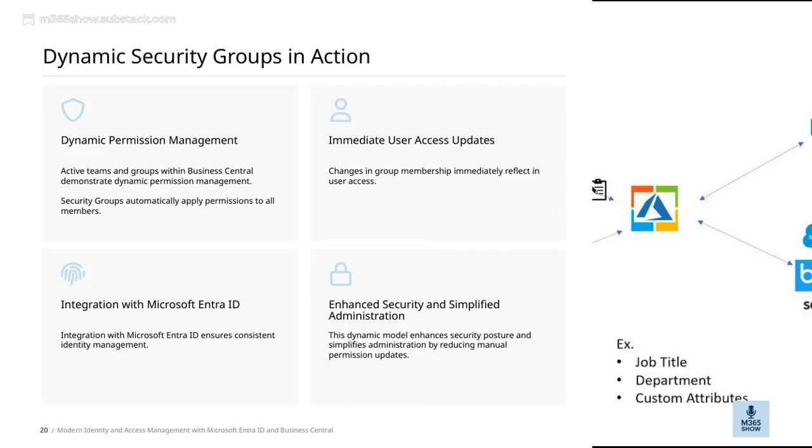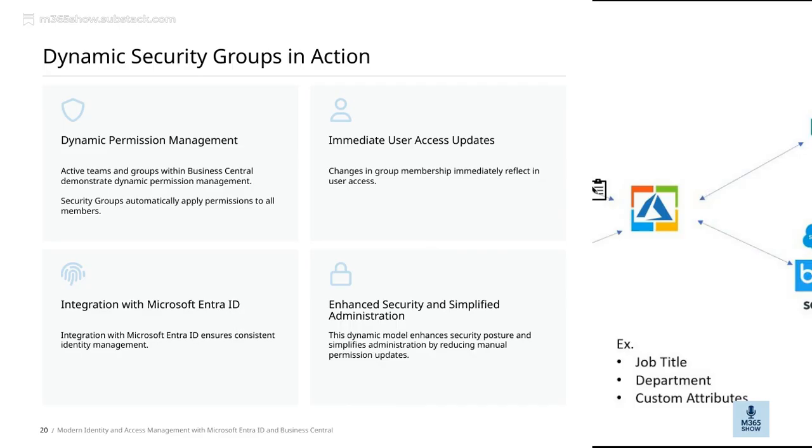When we integrate with Microsoft Entra ID, it ensures that identity management stays consistent across the board. Any changes in group membership are reflected immediately, so user access is always up to date. This means that when someone joins or leaves a team, their access rights are instantly adjusted without delay.